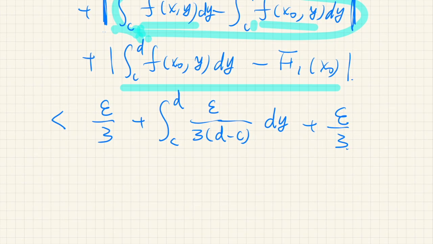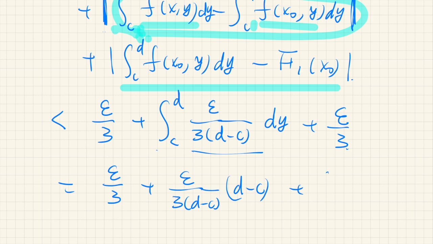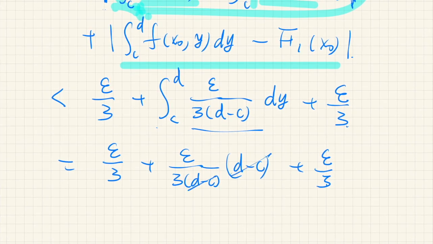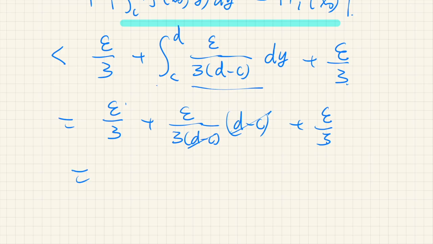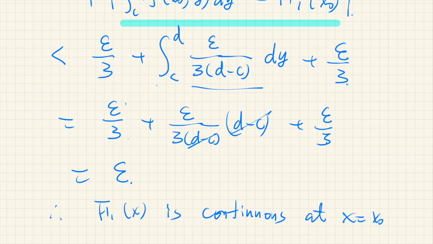But this is a constant function here. So this is epsilon over 3 plus epsilon over 3 times (d minus c). If we integrate a constant function, we have d minus c here. So this will cancel, and we have 3 epsilon over 3, that is epsilon. So therefore, F1 of x is continuous at x equal to x0, and we are done.